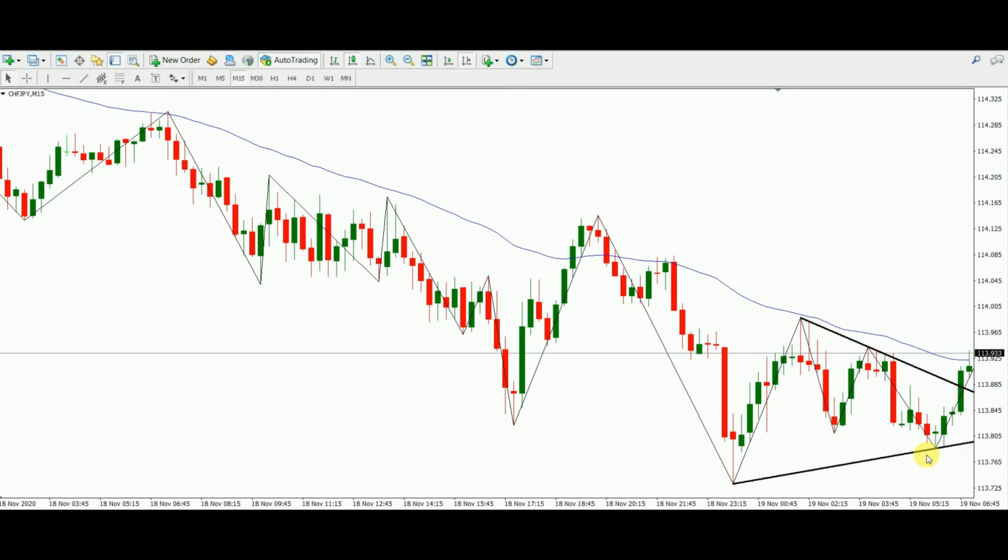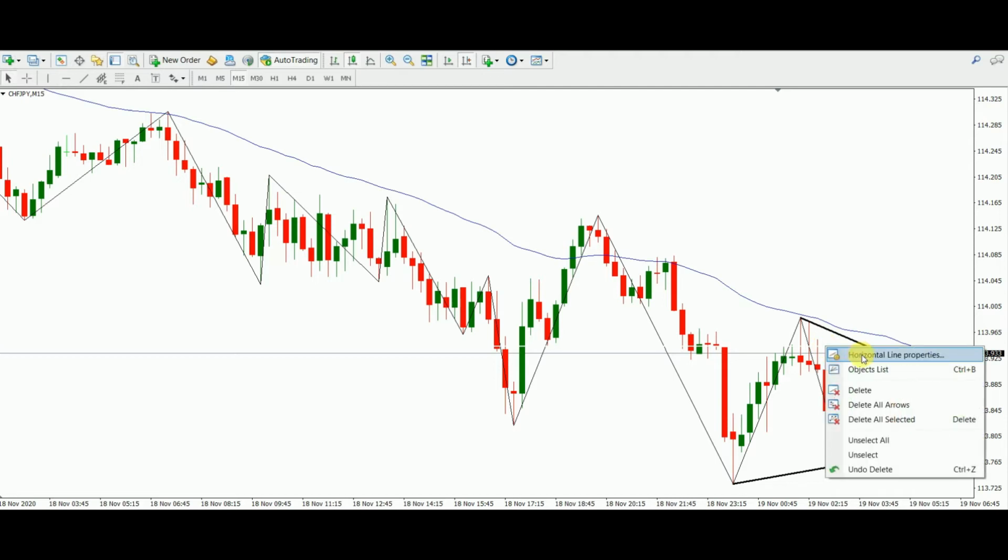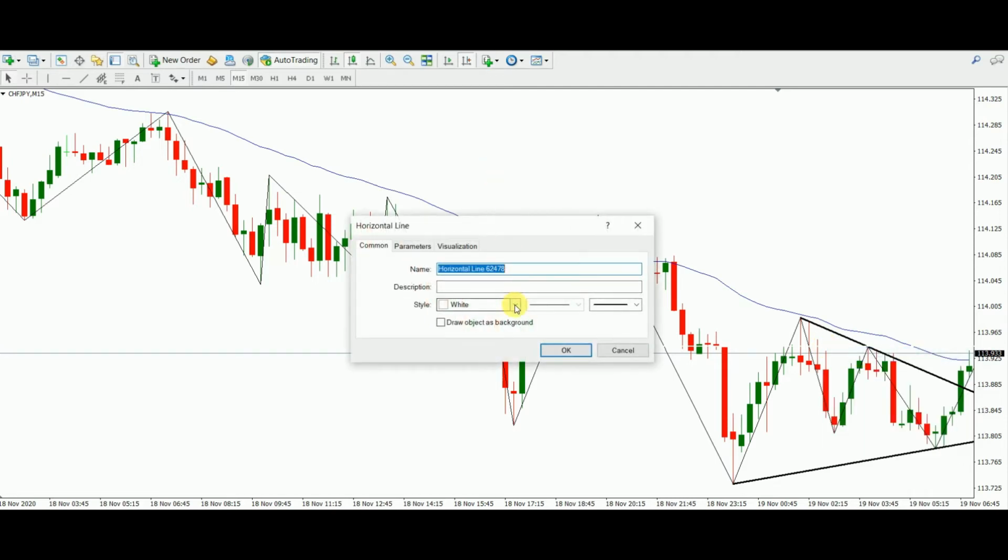So now, how to trade this chart pattern. First, we change the color of the line.